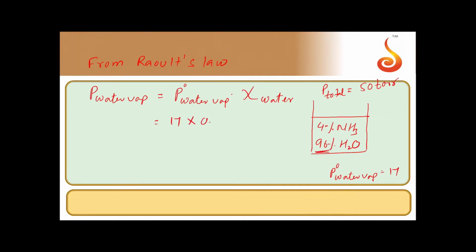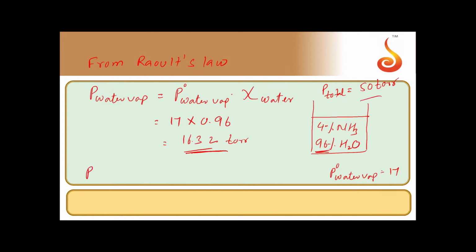It's 96%, which means 0.96. So the value comes to 16.32 torr upon calculation.